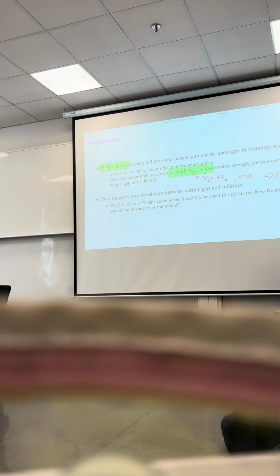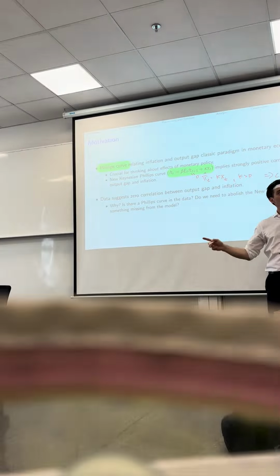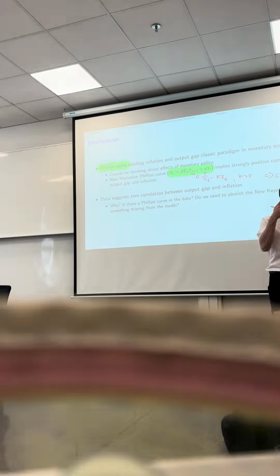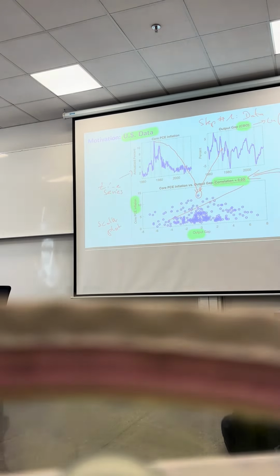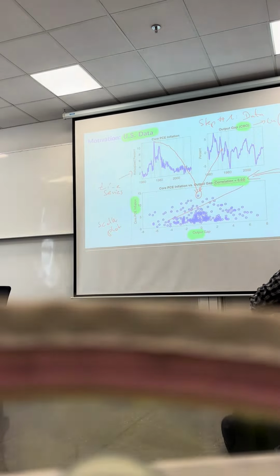If you take our model, the one that we studied the last two days, and you simulate data from that model for long periods of time, you get artificial data for inflation and the output gap, and then you do a scatter plot, you will find that the correlation in the model is 1. But of course that's exactly wrong relative to the data. The data says the correlation is 0. That's the big tension here.